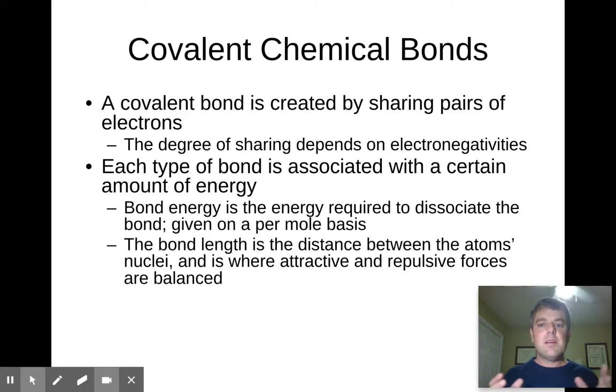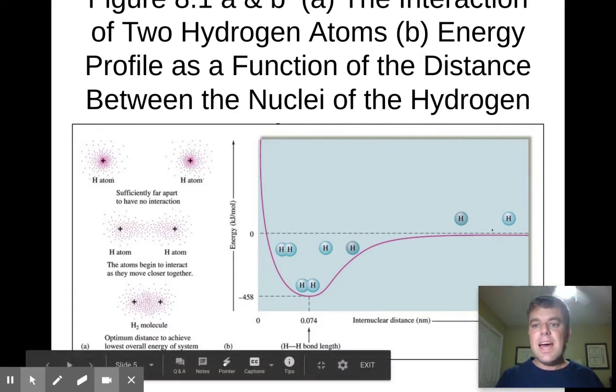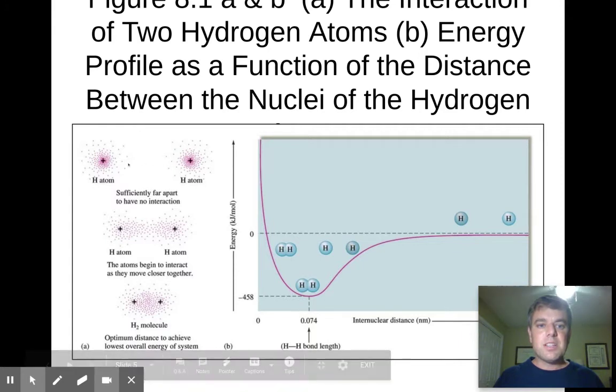And then bond length is the distance between the atoms' nuclei where attractive and repulsive forces are balanced. And so I've got a little graphic to show you on the next screen here. So if you take two hydrogen atoms, when they are sufficiently far apart, there's no interaction.